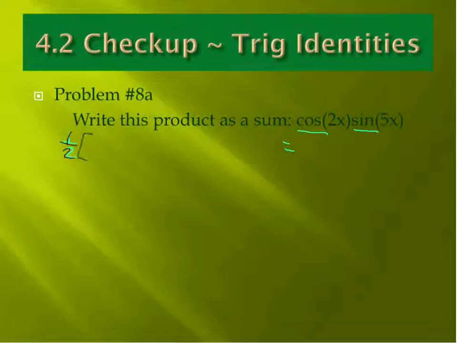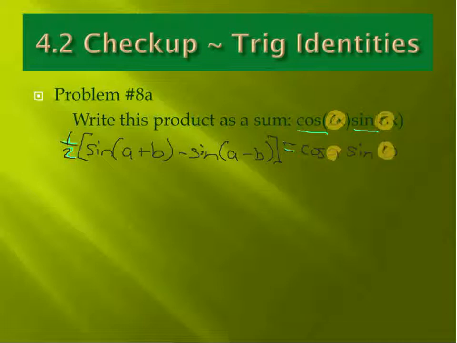I will not use the colored background again. 1/2 times sine A plus B minus sine A minus B, and that equals cosine A sine B. So that's our generic formula, and the reason that I wrote it this way is so we can easily see what I'm going to replace for A and what we're going to replace for B. So A we're going to replace with 2x, and B we're going to replace with 5x.